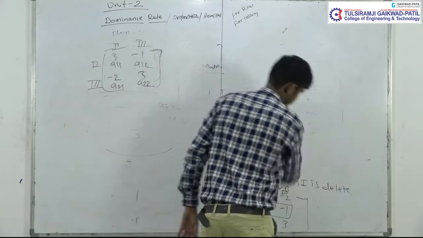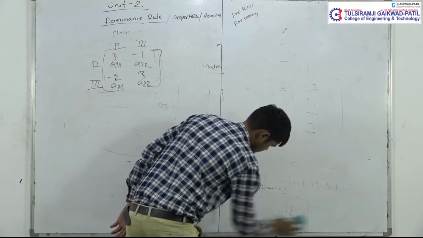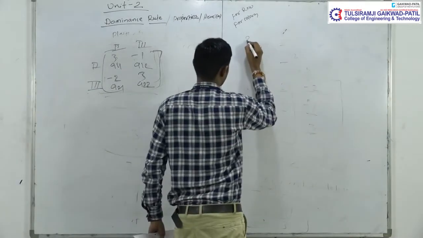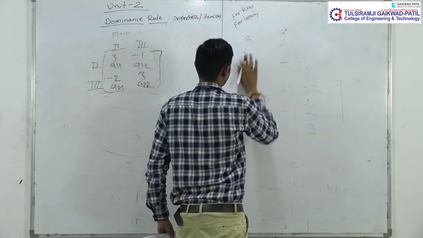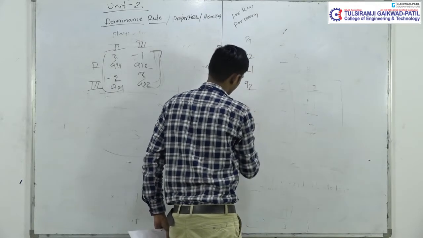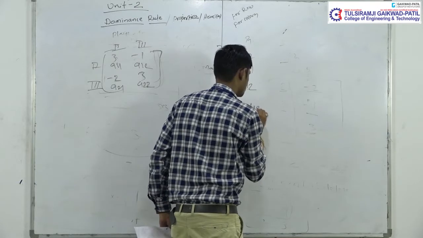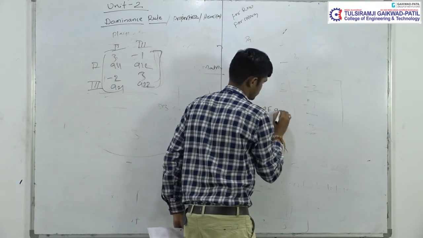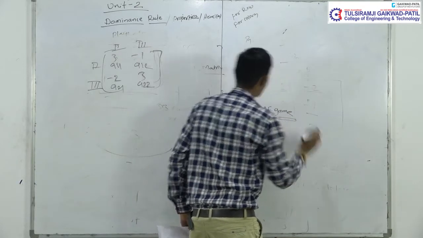There are 4 types of formulae: P1, P2, Q1 and Q2, and next is the value of game.